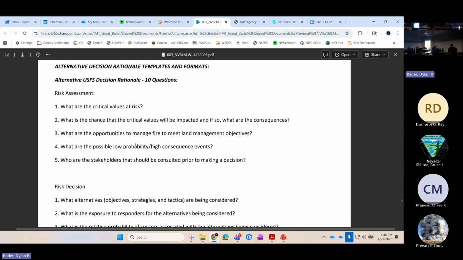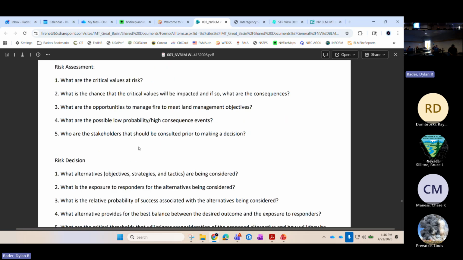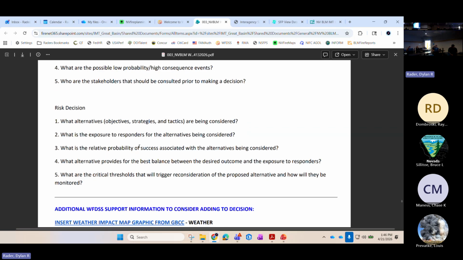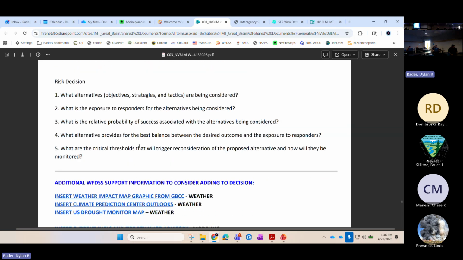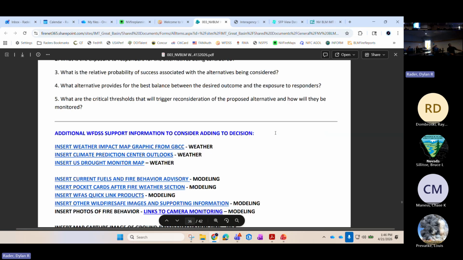But if I'm working with the Forest Service, I still advise them to put this right up front in the decision rationale, so somebody doesn't have to go through the entire WFDS decision to find all the answers to these 10 questions, right? If you've got 10 questions, go ahead and put those 10 questions in there, put the answers in there. That's a Forest Service thing, but most of our fires are interagency as well, multi-jurisdictional, so we're going to help them when it comes to that as well.